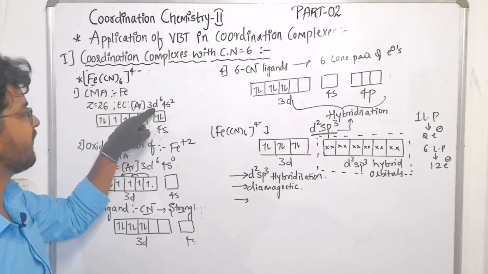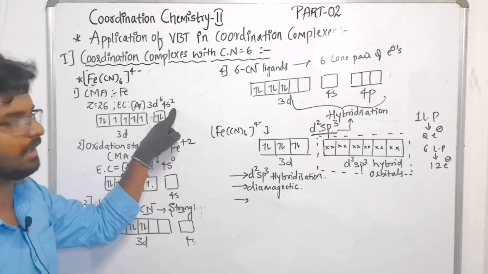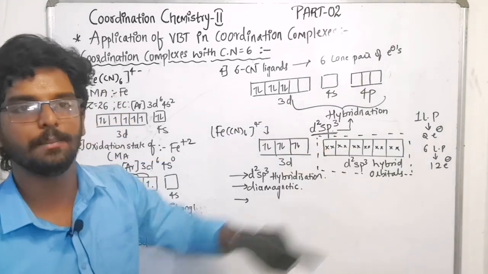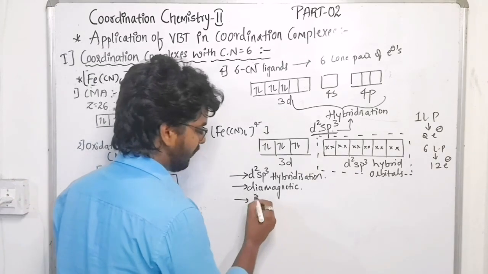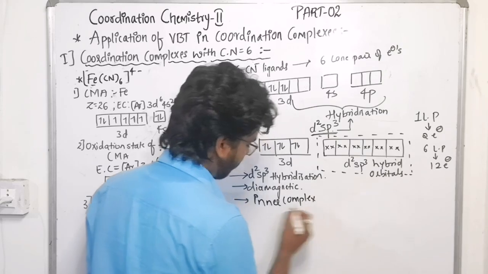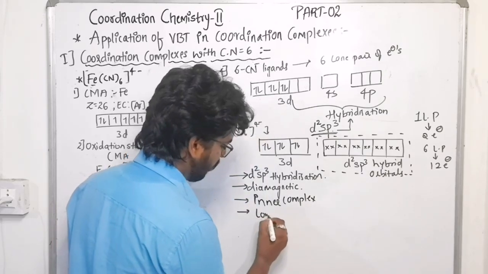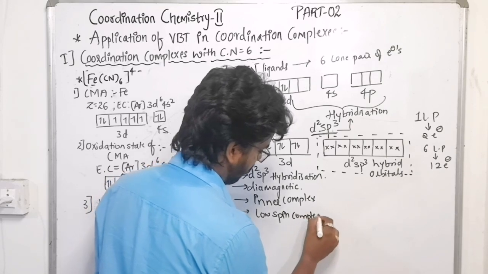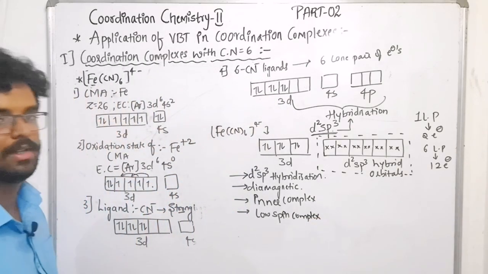In Fe, this acts as the n minus 1 orbital, this acts as the nth orbital. So here the n minus 1 orbital is involved. That means it is an inner complex. If it is an inner complex, we also call it a low spin complex.